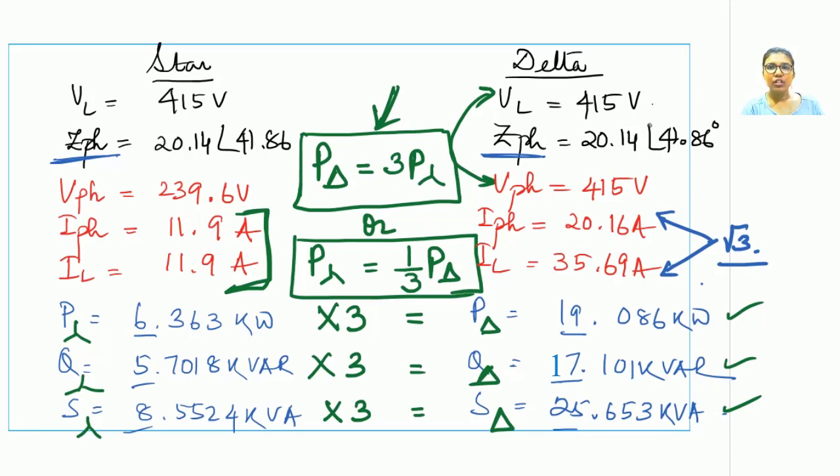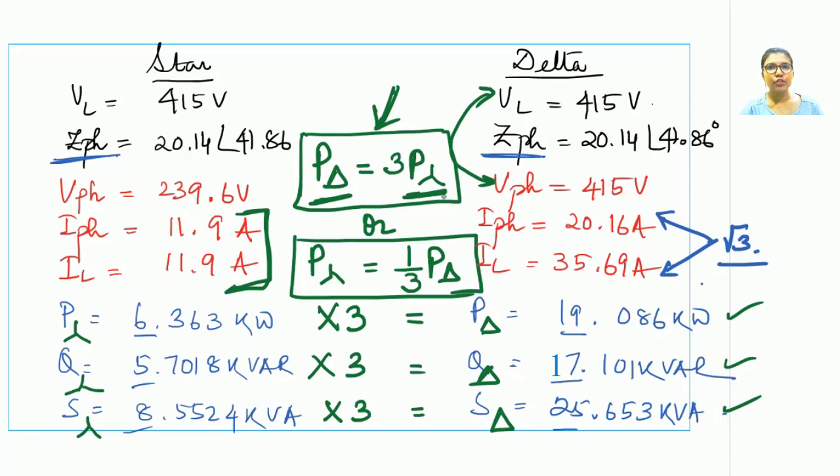Or if the initial load is in delta and the power on the star side is being asked, then one can divide all the values of power by a factor of 3. So please remember that the power for a delta connection is 3 times the power obtained for a star connection for the load impedance values remaining same.